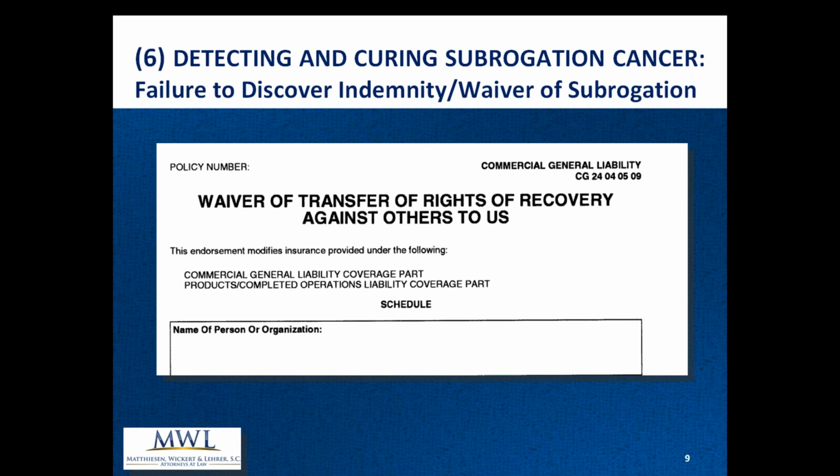And if the only way you can consent is by providing an endorsement to your policy which says, I consent. And that endorsement is the waiver of rights of recovery against others. And that waiver now becomes part of the policy, and it indicates that you have consented. But don't close your file yet, because the waiver of subrogation endorsement has some conditions.